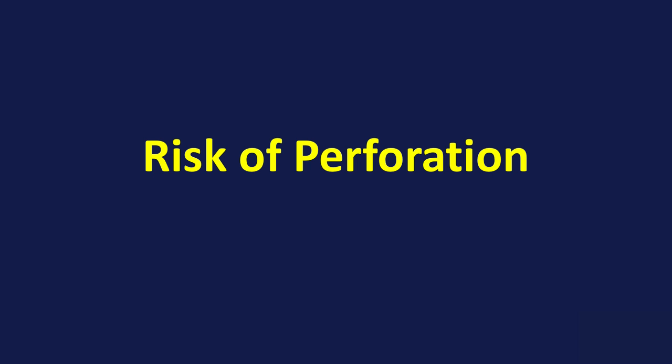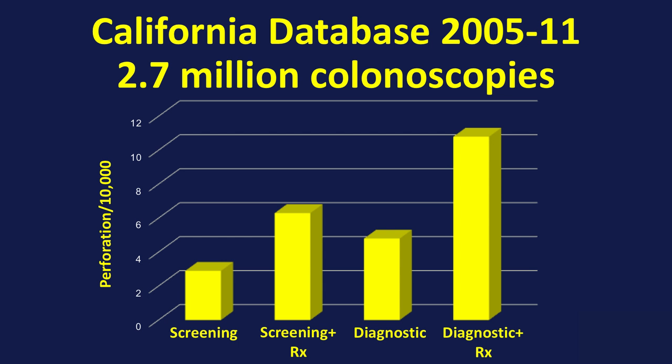So, what is the risk of perforation when you perform a screening colonoscopy versus a diagnostic colonoscopy and when you add therapy? Overall, the risk of screening colonoscopy is pretty low, about 1 to 2 in 10,000 procedures.